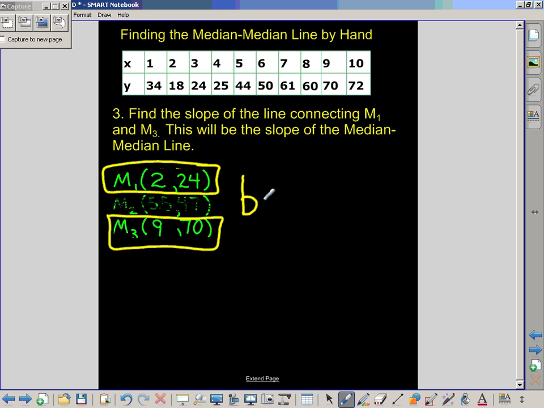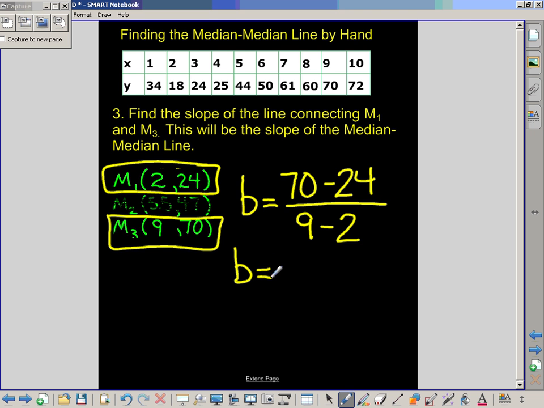Let's find the slope of the line that would connect those 2 points. In our class, we call our slope b, and it's found by doing the change in y, 70 minus 24, divided by 9 minus 2. Change in y over change in x. So the slope is going to be 46 divided by 7, and that slope comes out to be, on the calculator, approximately 6.571.